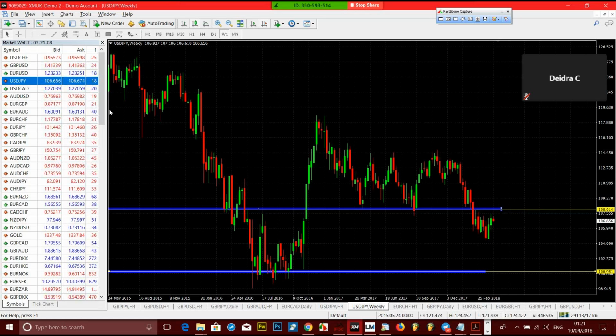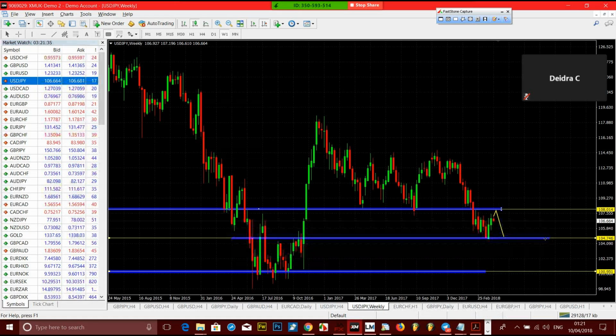What we're waiting for is for UJ to complete this and then fall back to this level, because that's where you can see some reaction happening. You can see that based on this as well. Then if it's going to come down, wait to see a drop there, a pullback, and then another drop back to this level.